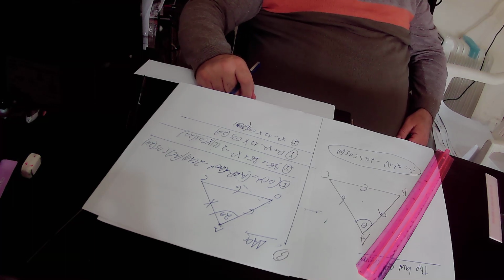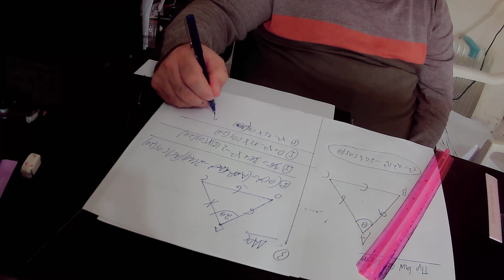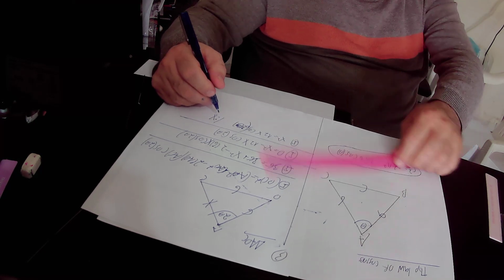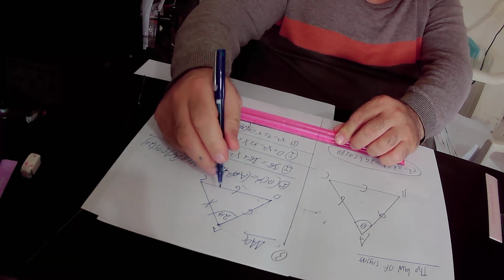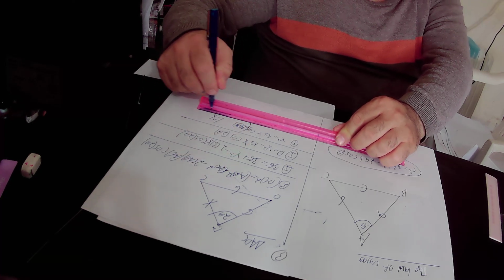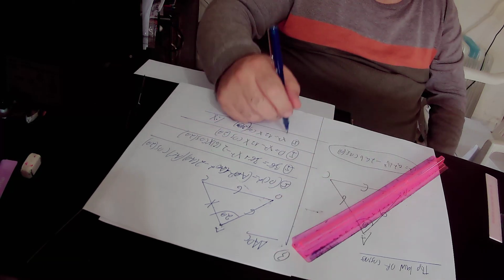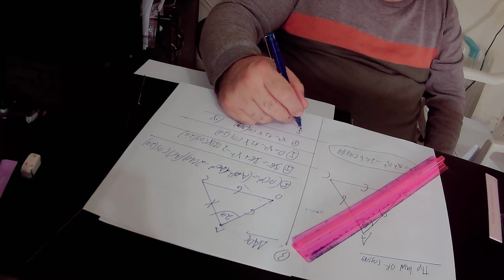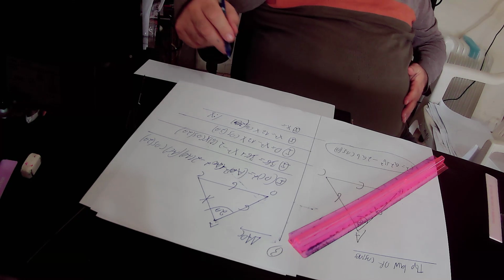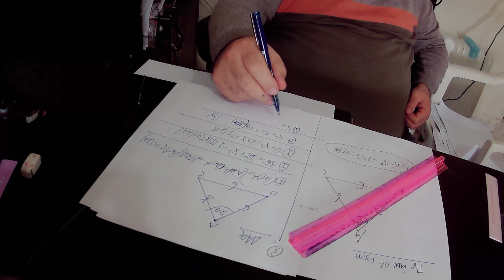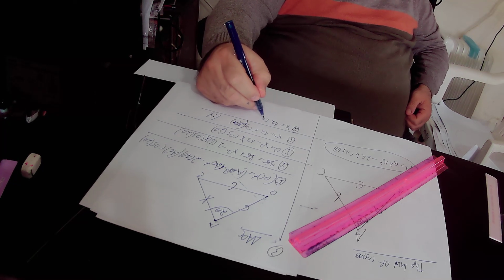Here we divide this equation by x. It is allowable to divide the equation by x because x is the length of side AC. It can never be equal to 0. So x squared over x is x, and we are left with x equals 12 times cosine 2 theta.